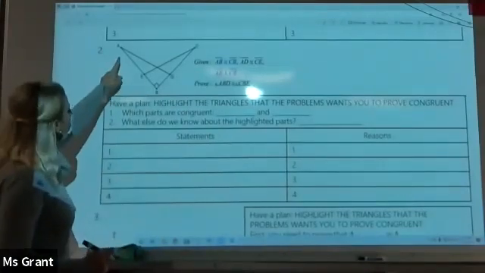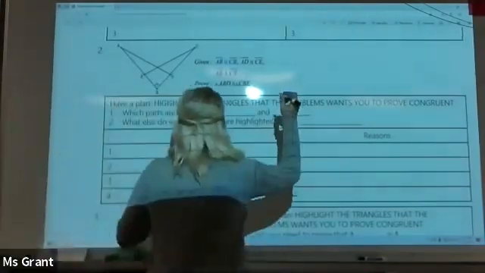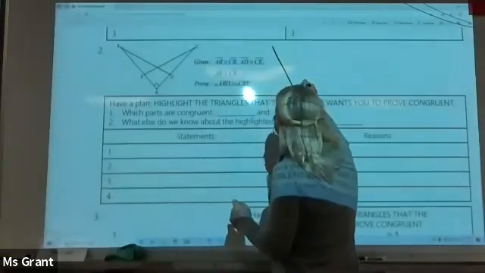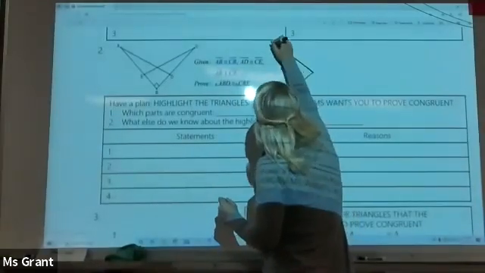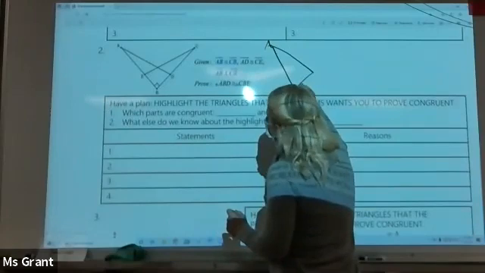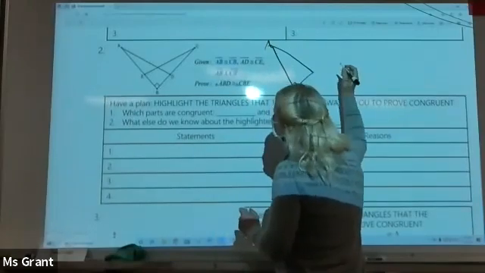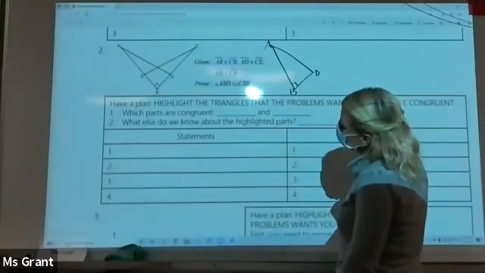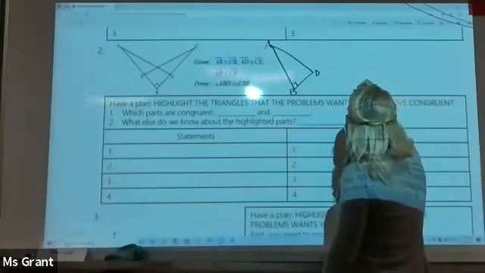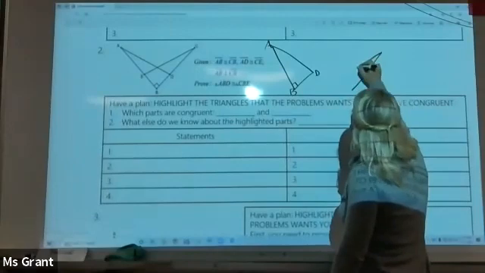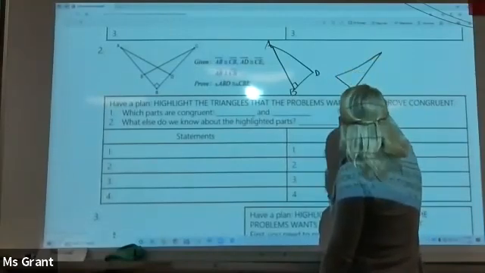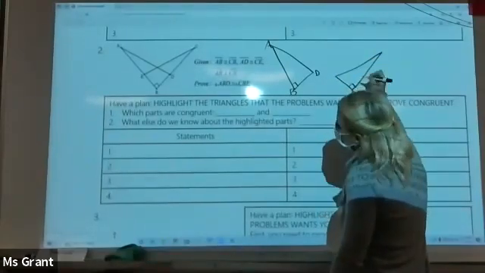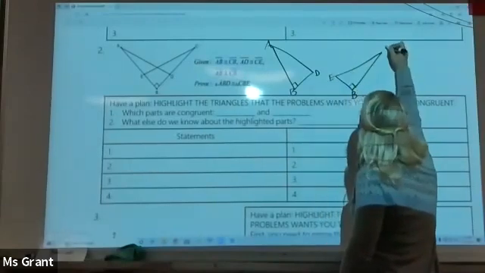ABD. Oh, it's a right triangle. ABD. CBE, which is a right triangle there, EC.